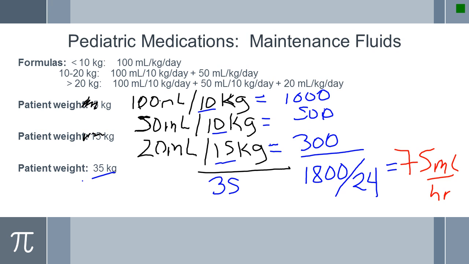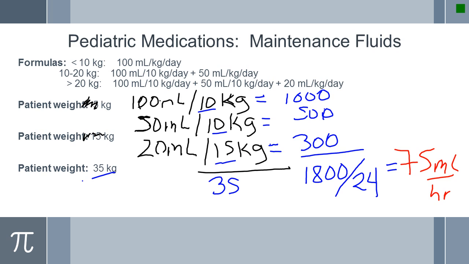And then 20 times 15 is 300. So 1,000 plus 500 plus 300 gives me 1,800. And remember, I have to divide that by 24, which gives me 75 mils per hour.